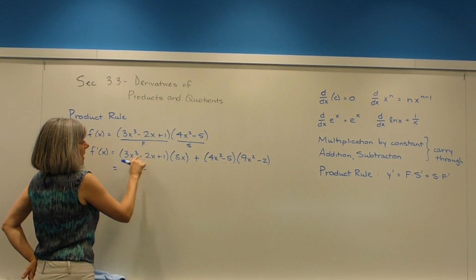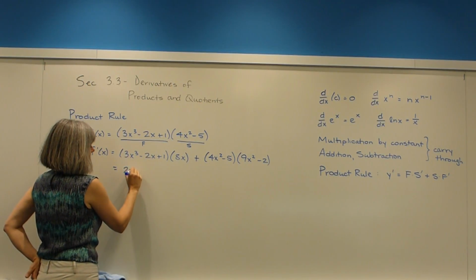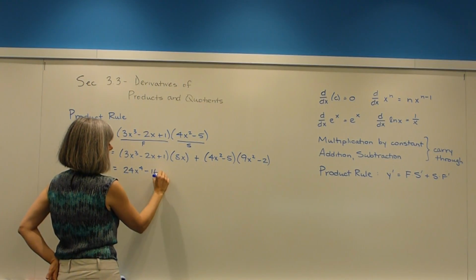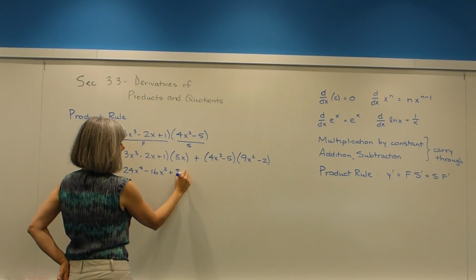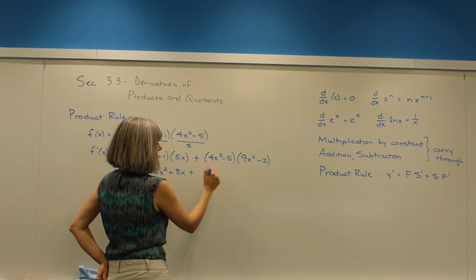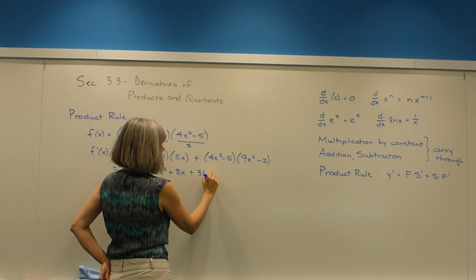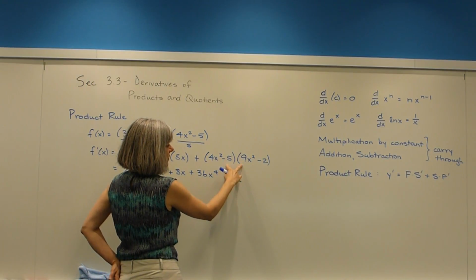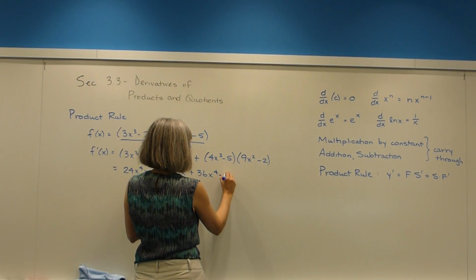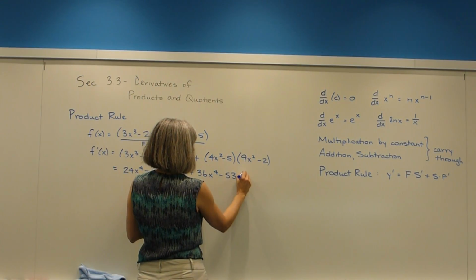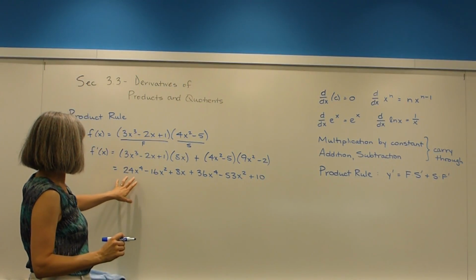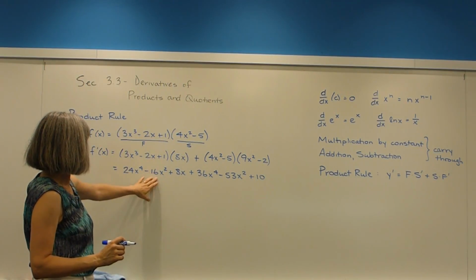So 8 times 3, 24, x to the 4th, minus 2 minus 16x squared, plus 8x. We're going to FOIL this one, so 4 times 9, 36, x to the 4th, minus 45, minus another 8, so that's what, minus 53, x squared, plus 10. I'm going to take a moment to make sure I did that correctly before I start adding everything up.